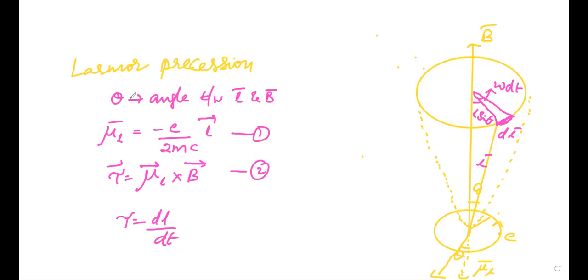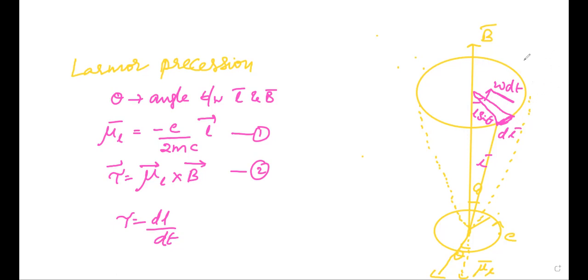Then if omega be the angular velocity of precession, then L bar precesses through an angle omega into dt. This is the angle omega dt in time dt.